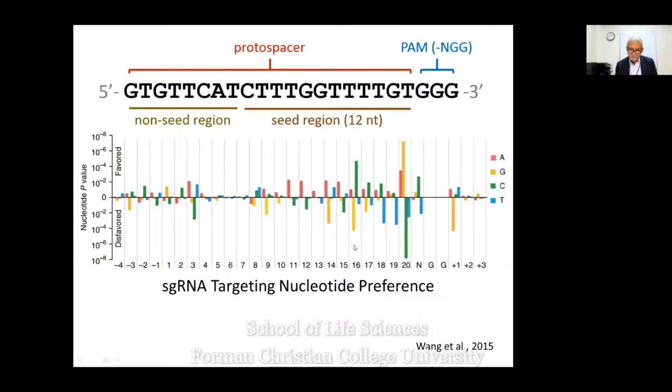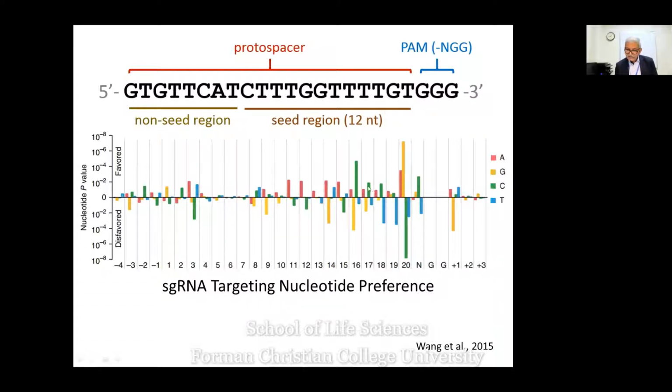Similarly, at position number 16, we can see that there is a variation, like a C is preferred and a G is disfavored. Okay.